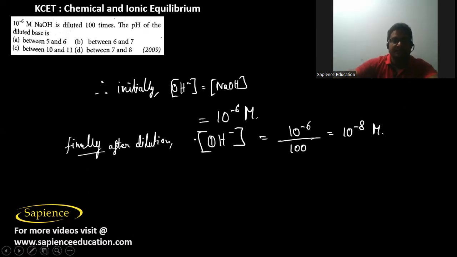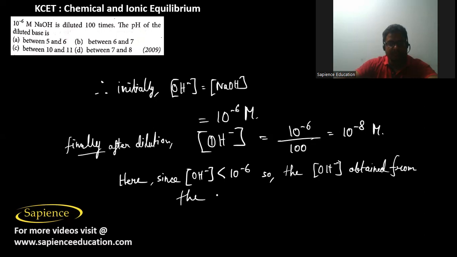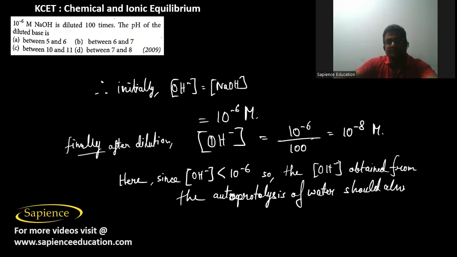Now here the rule is that since the hydroxide ion concentration is less than 10 power minus 6, the concentration of OH minus ions obtained from the autoprotolysis of water should also be considered.